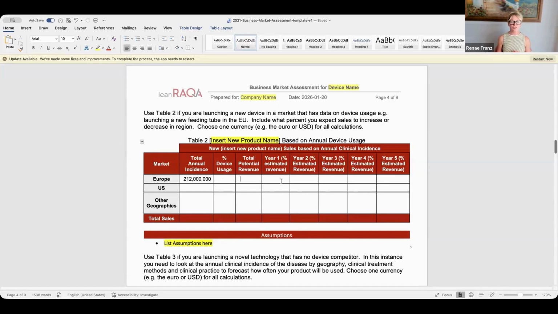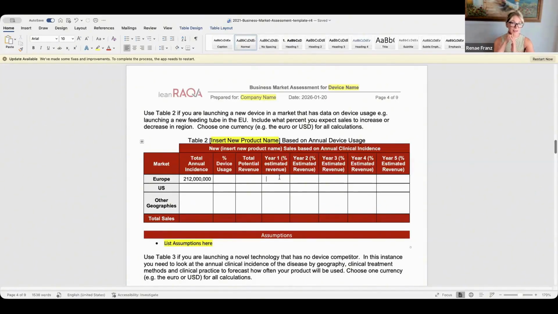And then you would go into your estimates by year 1 through 5. That's where the launch cycle for your device comes into play, like where we talked about a known problem with a known solution, a known problem with an unknown solution. That's where taking the time to estimate this revenue really is important.